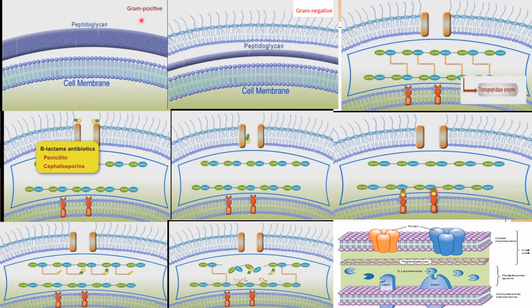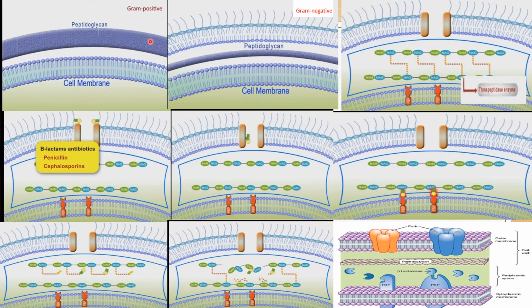Both have differences in the structure of their cell wall. Here in the first section of this diagram, a gram-positive bacterial cell wall is shown. It contains a cell membrane and an outer peptidoglycan.